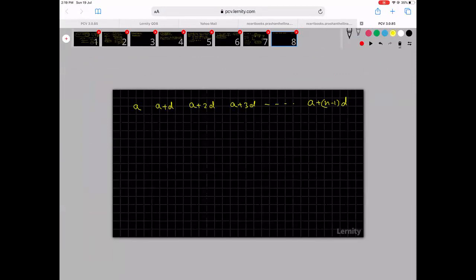Okay, then to proceed further, I'll tell you a small story. The story is about a mathematician by the name Gauss, who was in his fourth standard, and was asked by his teacher, student, tell me the sum of numbers 1 plus 2 plus 3 plus 4 all the way up to 500.